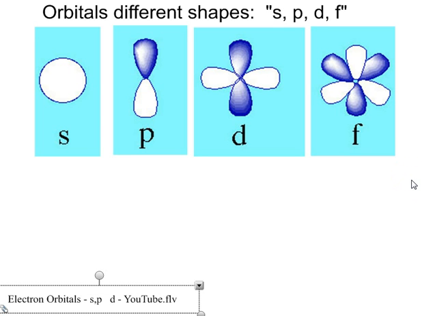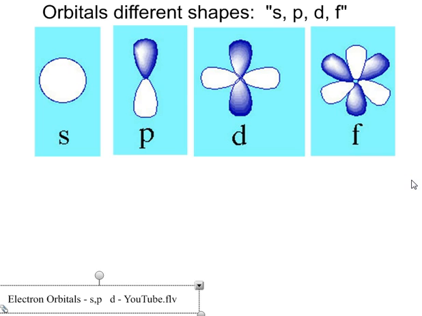We alluded to the fact that orbitals have different shapes. S orbitals have a spherical shape. P orbitals have, I guess you could say, a peanut shape. D orbitals, I don't really know if you can say that they're diamond shaped, although I have had students express that, but to me the D orbital looks more like a 4-leaf clover, and the F orbital looks more like a flower.